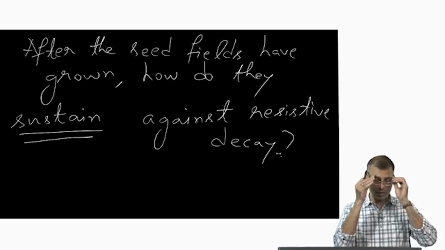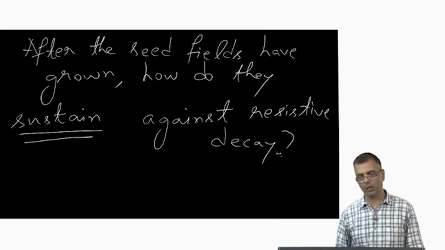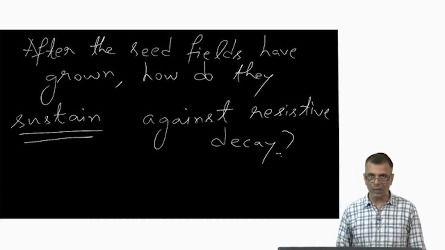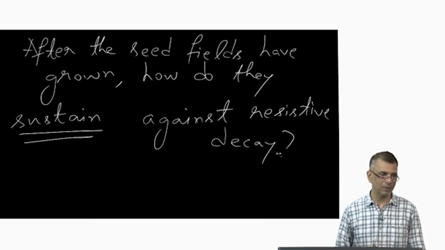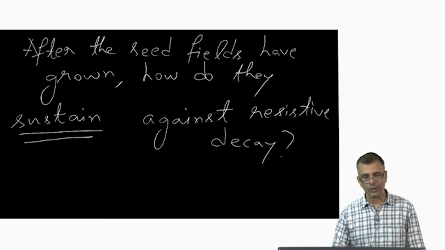So this leads us to the next question that a dynamo scenario should address, which is that of sustaining. Okay, and so these are the two basic things about a magnetic dynamo.